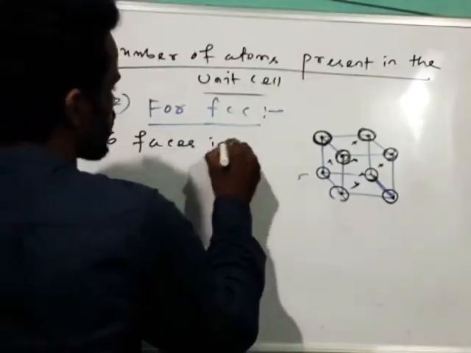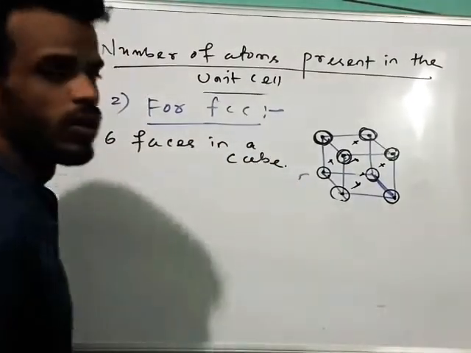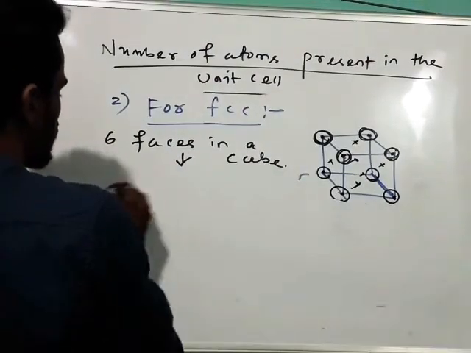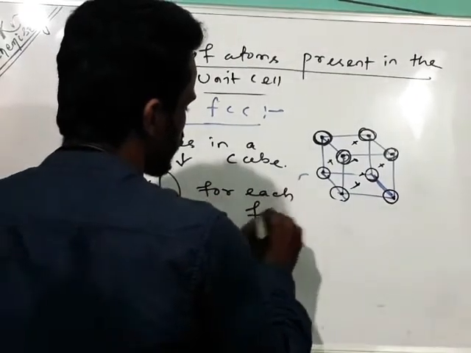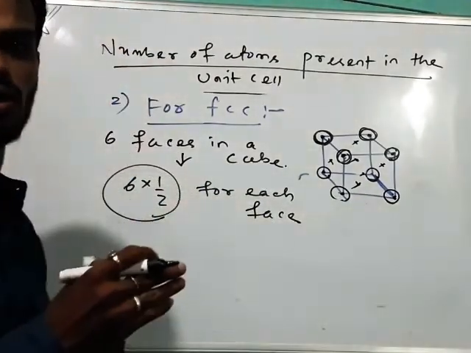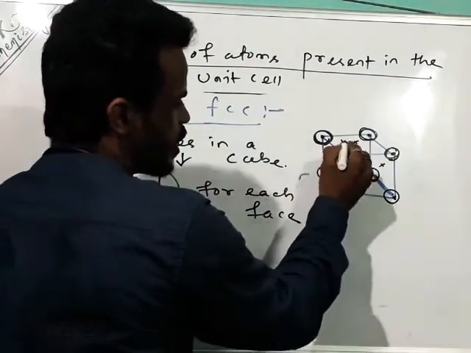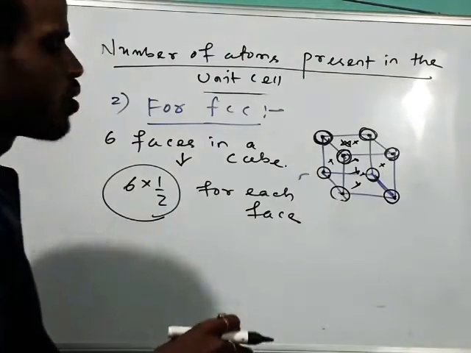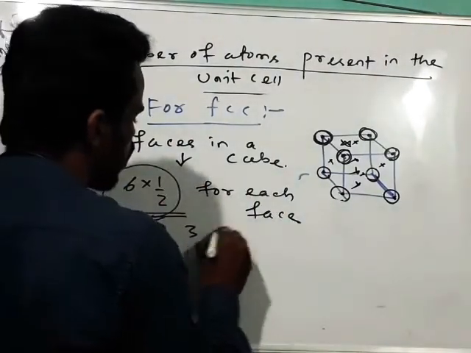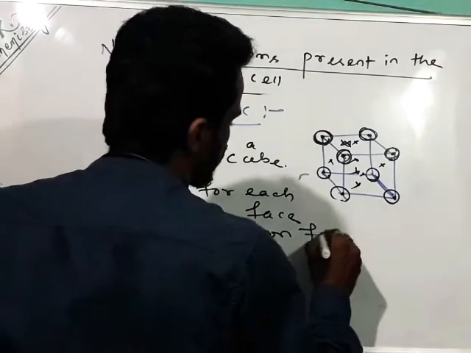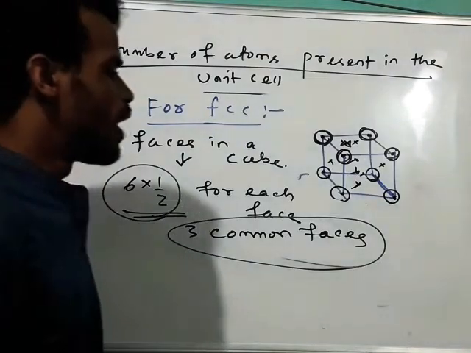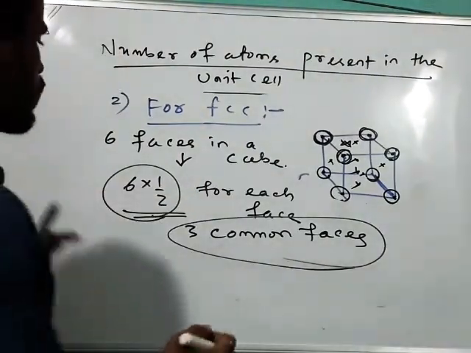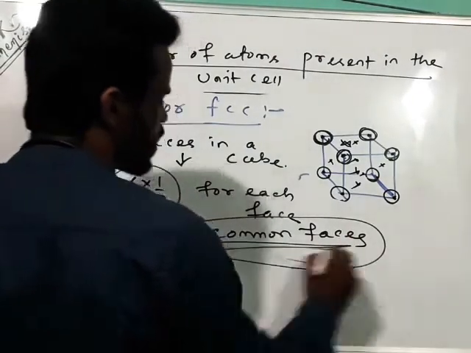So there are 6 faces in a cube, and 6 faces means 6 into 1 by 2 for each face. Means 2 faces are common. Here this face and this face are common. So there are 3 common faces in a cube, which I will also show in the figure.